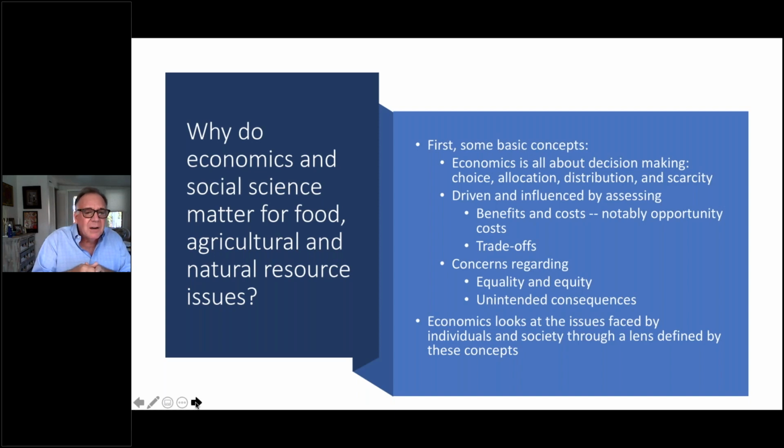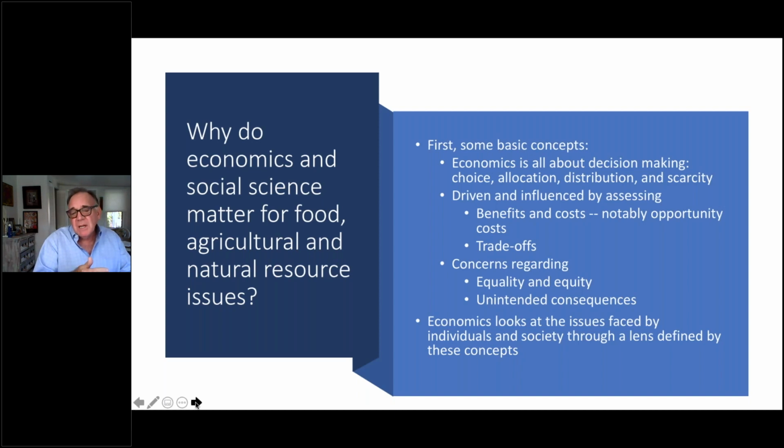So why does economic social science research matter for food, agriculture, and natural resource issues? Before we tackle that, let me give some basic concepts that characterize what economics is all about. Samuelson defined economics as the allocation of scarce resources among competing wants, and that's what economics is.